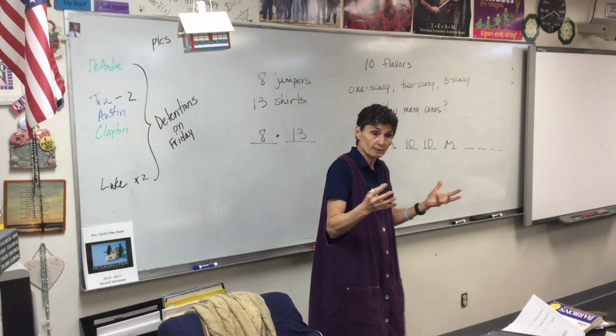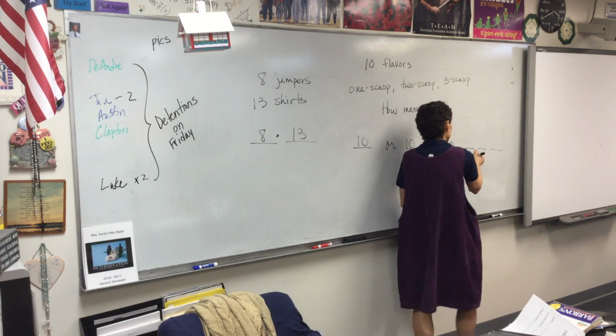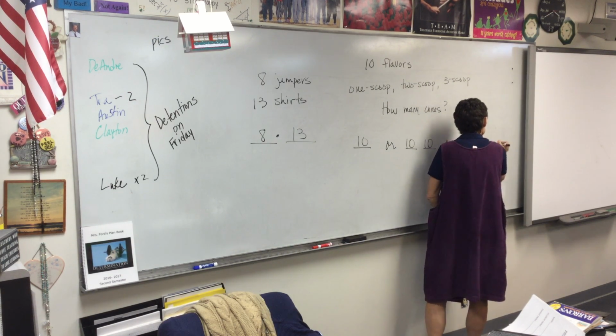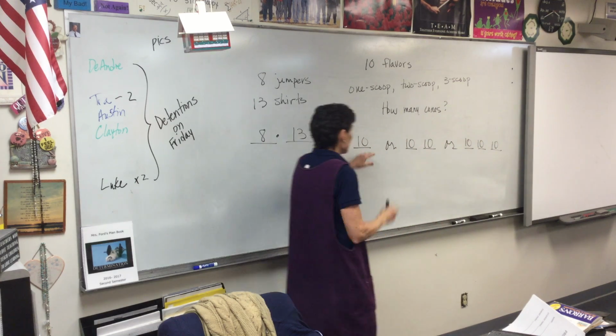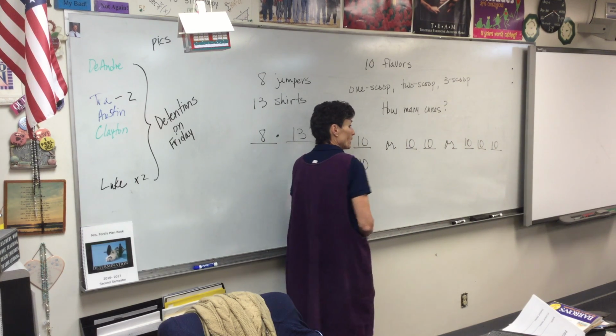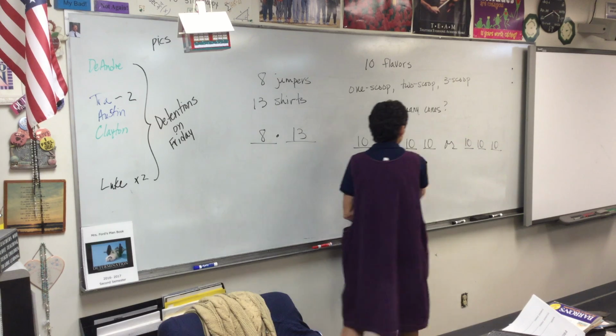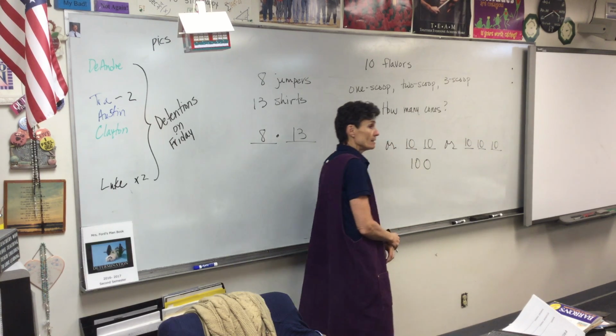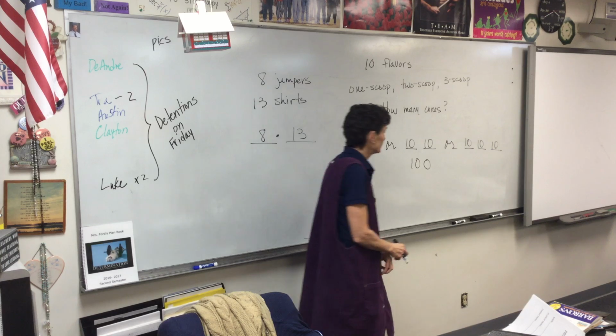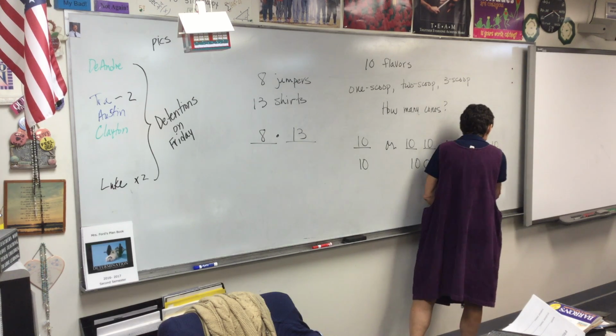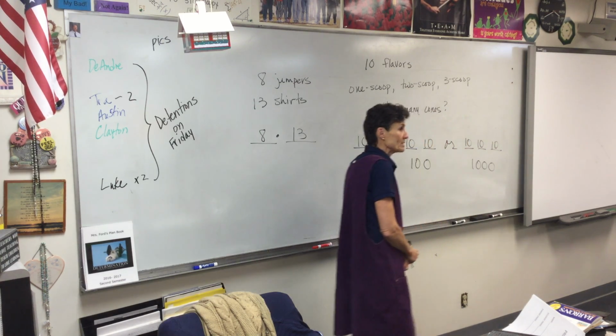The real world. How about 3 scoop cones? 10 times 10 times 10. All right. So there are 10 1 scoop cones. There are 100 different 2 scoop cones. And there are 1,000 different 3 scoop cones.